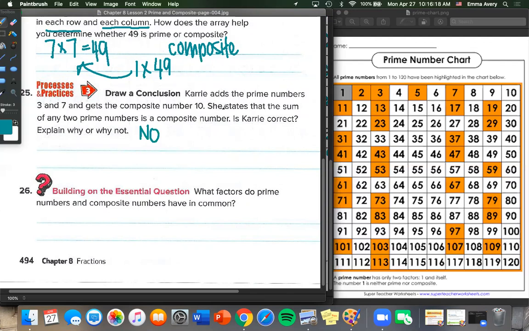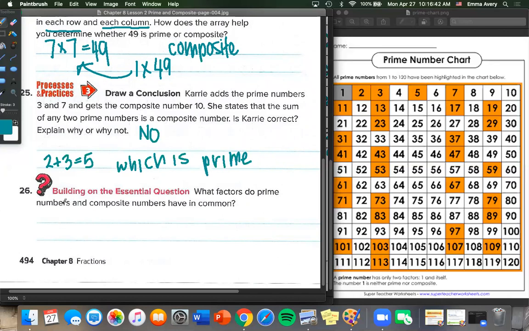See her example. She states that the sum of any two prime numbers is a composite number. Well, we already saw that with 2 plus 3 is 5, which is prime. So her rule doesn't always work.